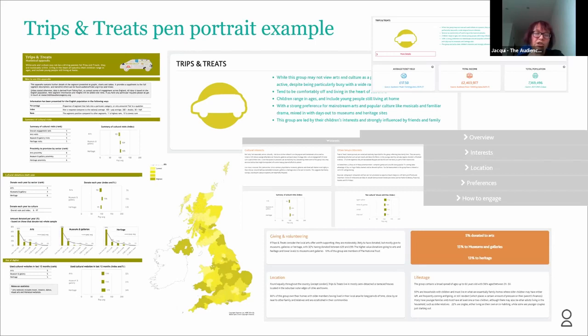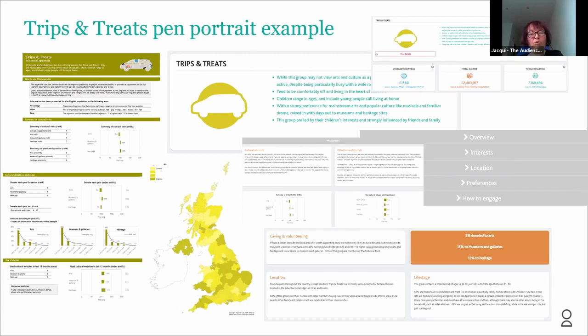And also each pen portrait is accompanied by a statistical download, which shows you the segment that you're looking at indexed against other groups, like the rest of the population, across a range of different metrics. So you can identify who is more or less likely to donate to a museum, for example, who is more or less likely to volunteer their time, all sorts of different things, and it includes their media consumption as well.